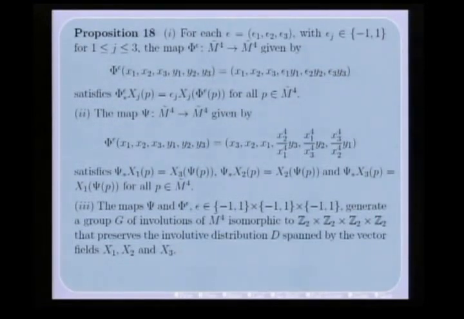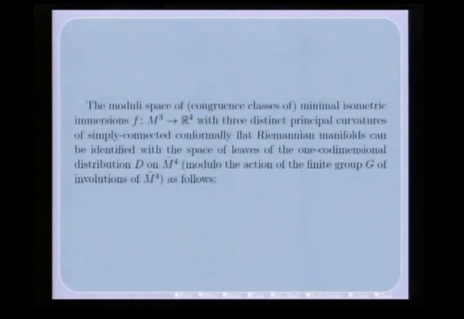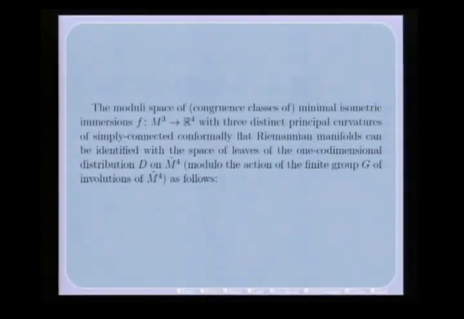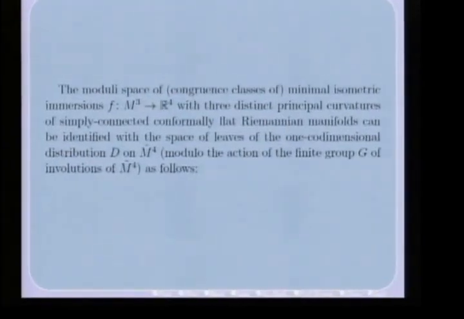So what I mean by the statement that there exists precisely a one-parameter family of minimal conformally flat hypersurfaces with three distinct principal curvatures is that one has this correspondence between congruence classes of minimal isometric immersions with three distinct principal curvatures of simply connected conformally flat Riemannian manifolds and leaves of this one-codimensional distribution spanned by those three vector fields I defined previously.